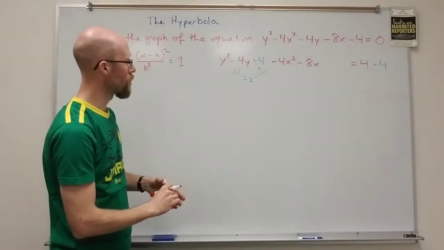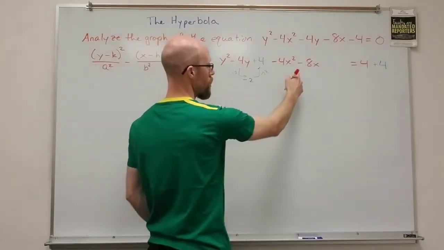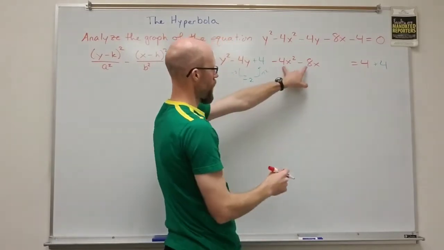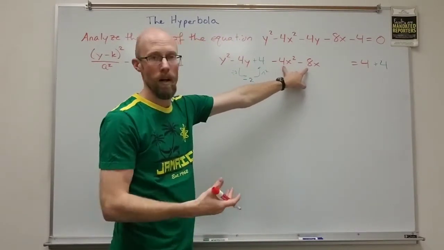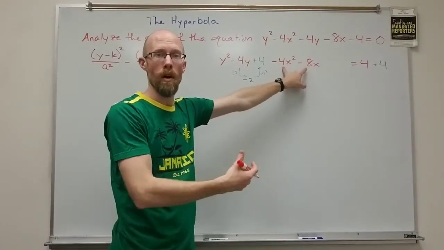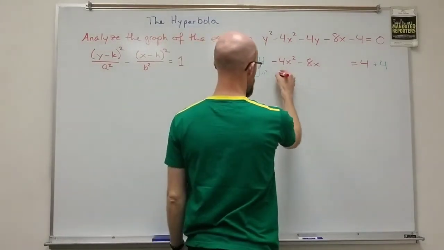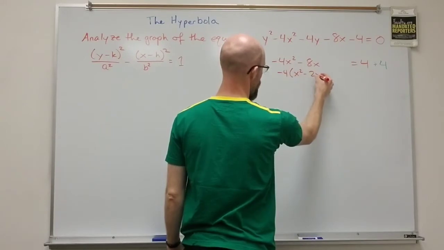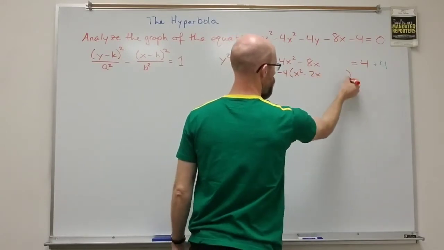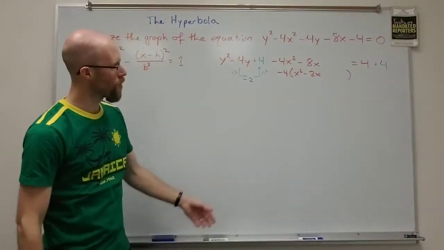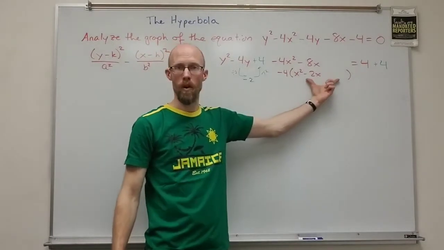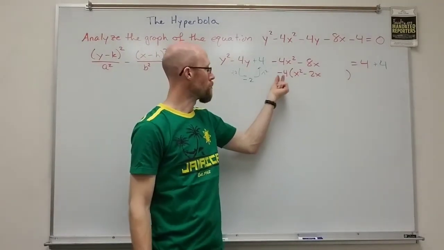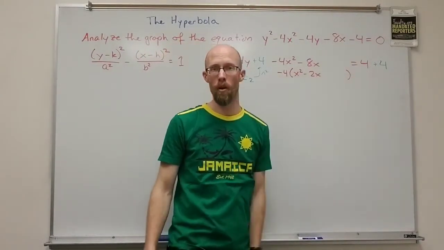Now, with the other expression here, I actually need to factor out negative 4 before I can really proceed. So I'm going to look at negative 4 times x squared minus 2x. And then I figure out what I need to do to complete the square on the inside, and then just multiply that by negative 4 before I put it on the other side.